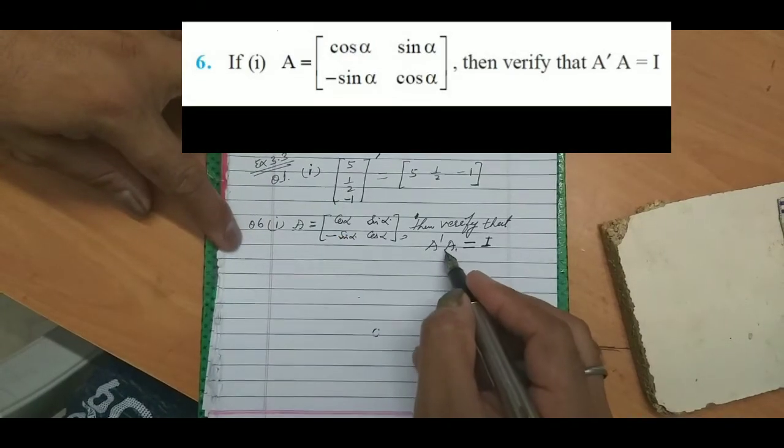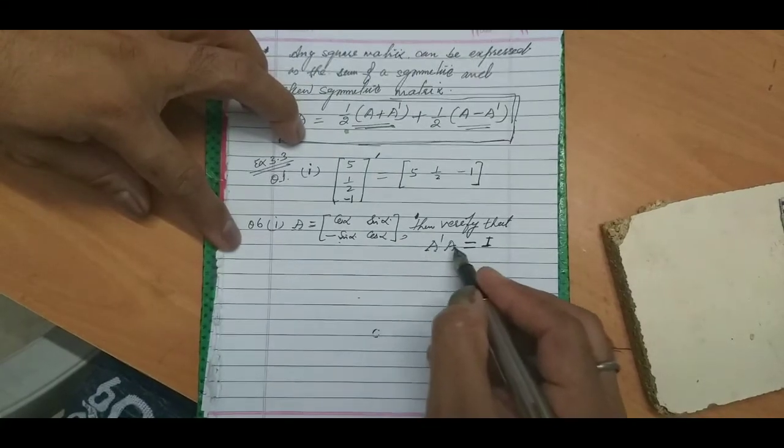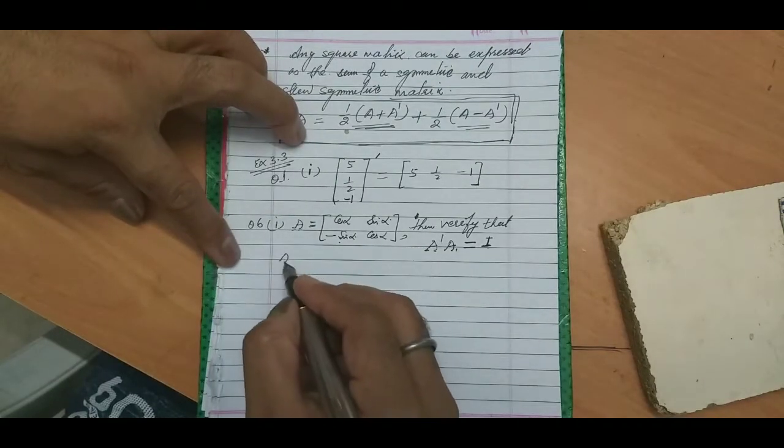So now what we have to do first, take the transpose of this matrix and then multiply it. It should be I. Let us start.